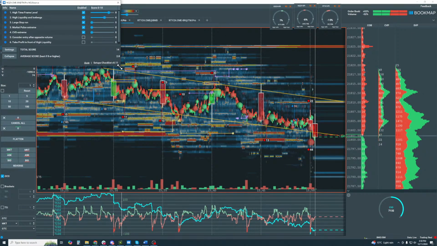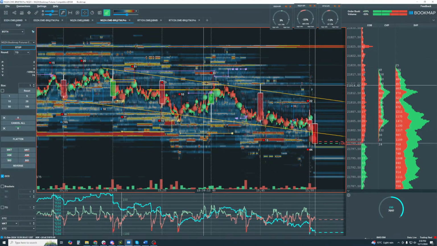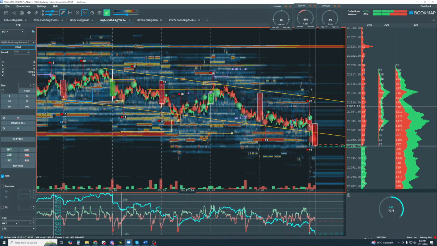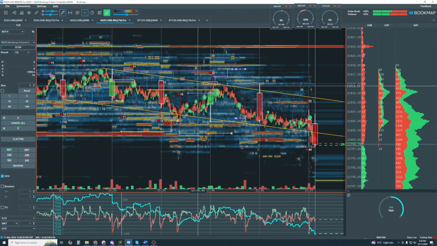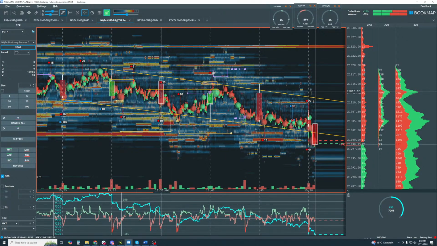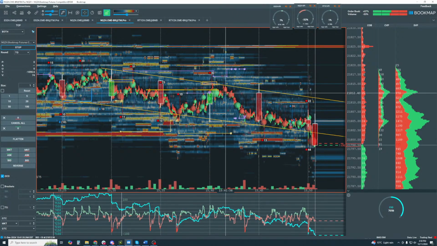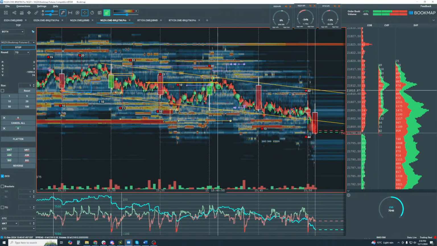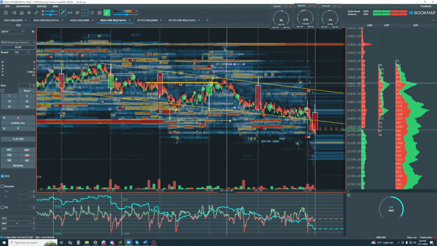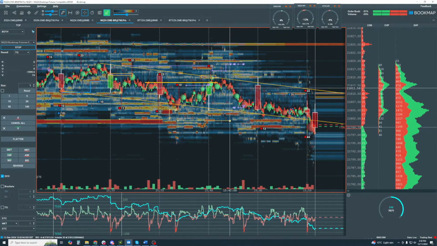Okay, and you can look for these things, and it depends on how you want to manage it as well. Perhaps you get in some where you think you should get in, but then also get in some back where that move began from, or where that high liquidity comes in, or maybe you wait for that to roll over, and then you go with the selling up in here.